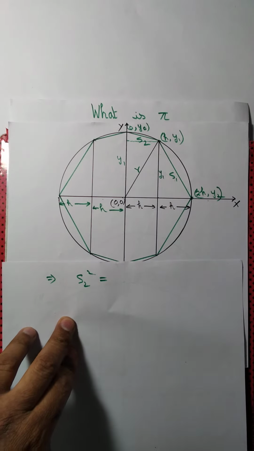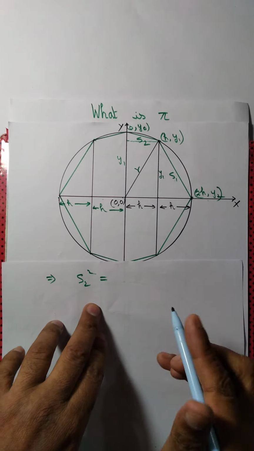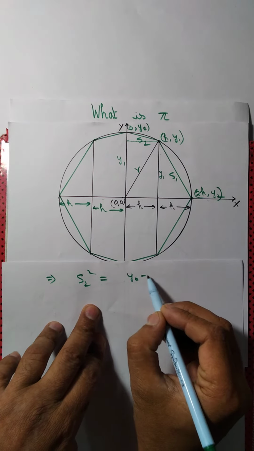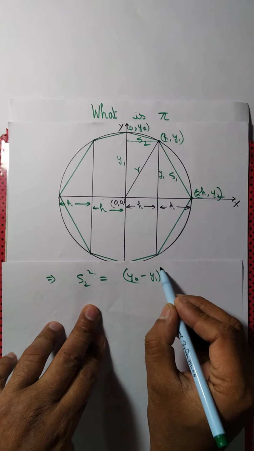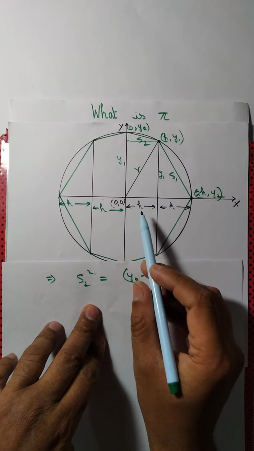Again, by Pythagoras theorem, S2 square equal to y0 minus y1 whole square plus h square.